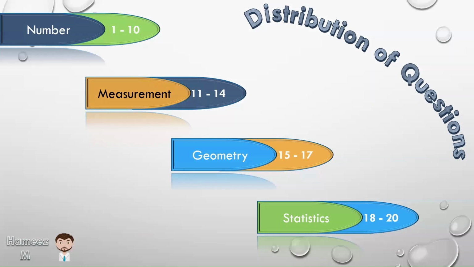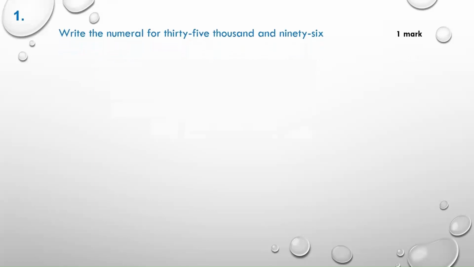So now let's go look at the actual past paper, where in number 1, the question asks, write the numeral for 35,096. And of course, some students could immediately write the answer, and that's fine.